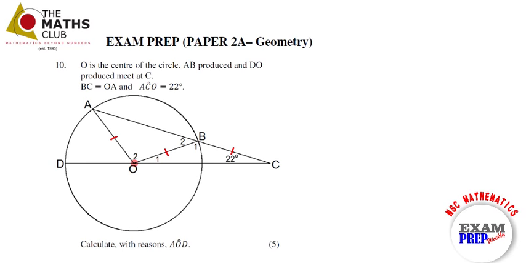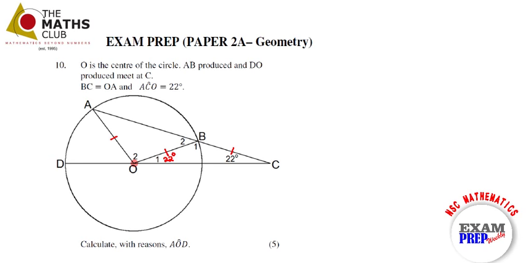It means that the base angles will be equal. So this angle here will also be 22 degrees, equal to this angle, which is C. So I've got that just from the information that is given, that BC is equal to OA. I then related BC to OB and then was able to conclude that OBC is an isosceles triangle.